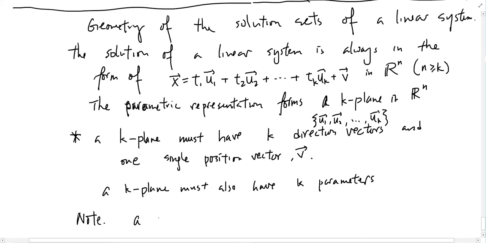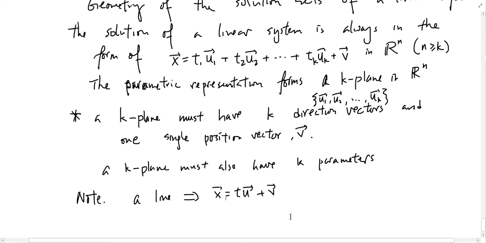Notice that a line has this parametric representation. Oops, no subscript is needed in this case. That indicates k is equal to 1, because I only have one direction vector, one parameter.